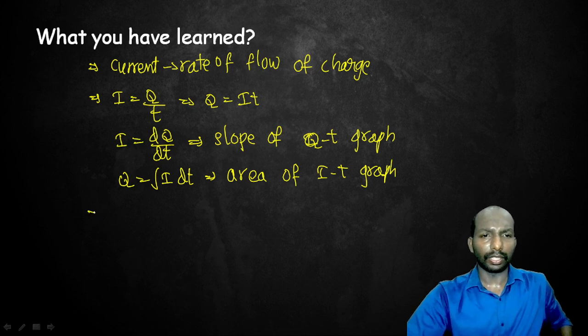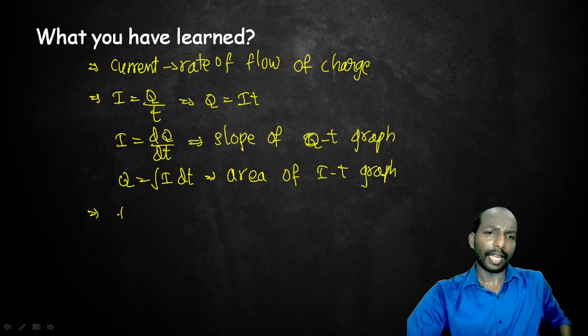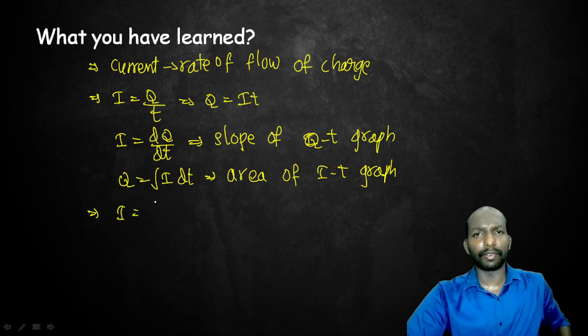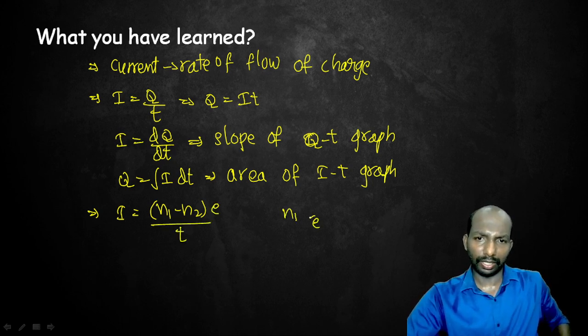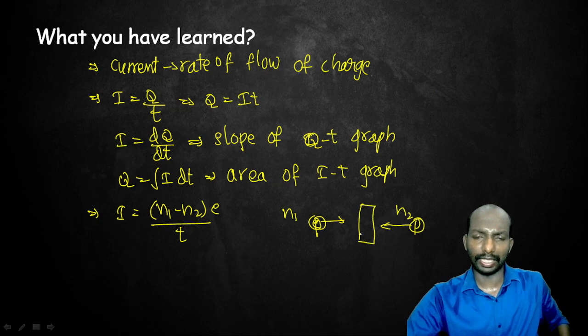After that, we derived an expression for the current due to translator charges. There we got n1 minus n2, e by T. Suppose n1 protons are moving from left to right and n2 protons are moving from right to left through some area of cross section, then the net current will be this one.